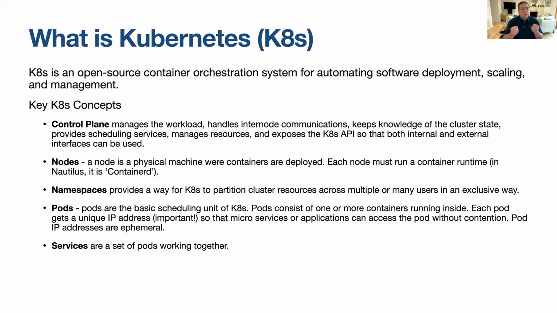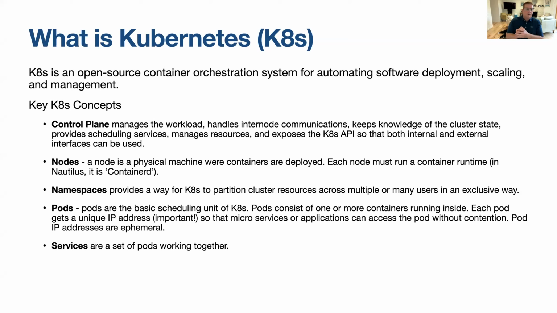So, like I said, it's an open source container orchestration system, and a lot of people conflate the software container and the orchestration and the command and control tools, and just say, oh, it's Kubernetes. We're going to get a little bit more verbose today, and so you're going to learn a lot of vocabulary.